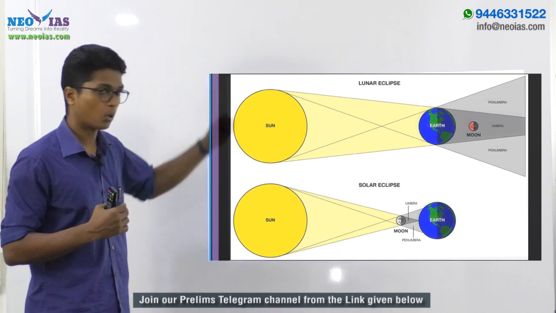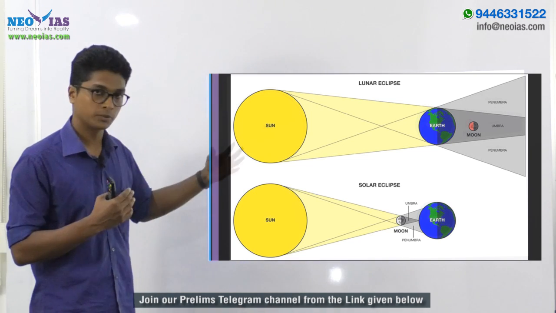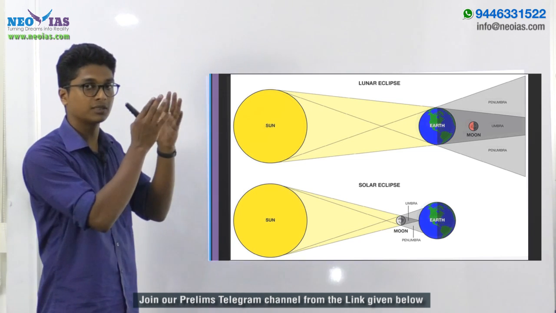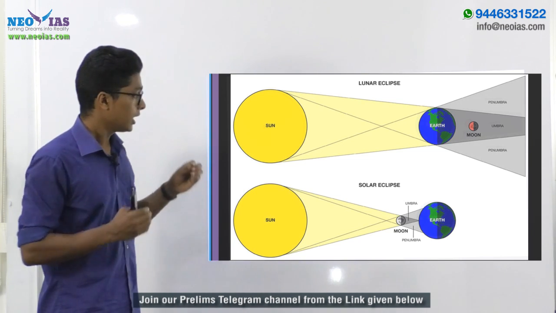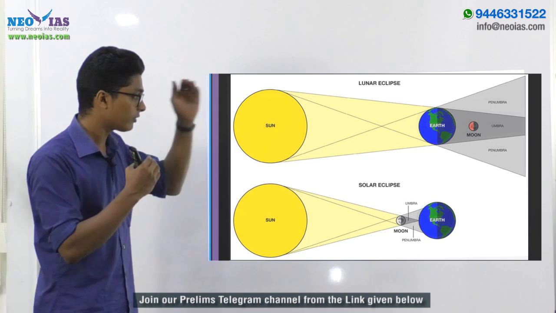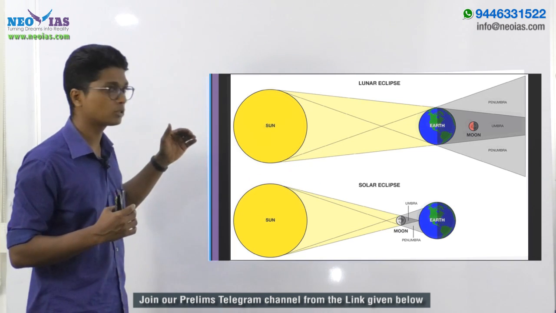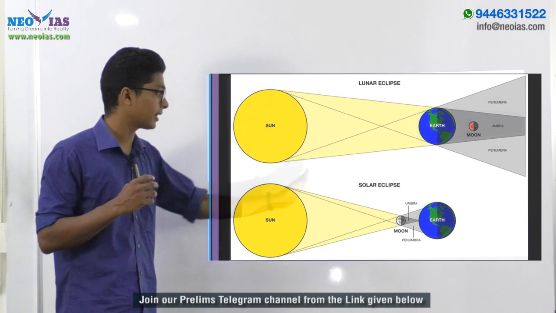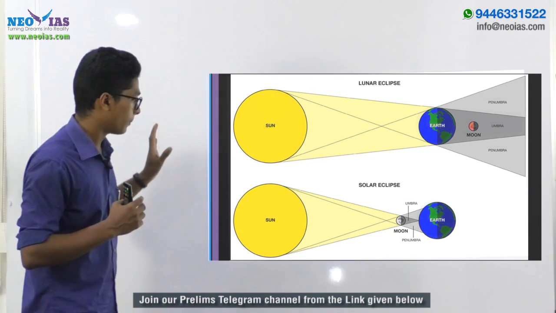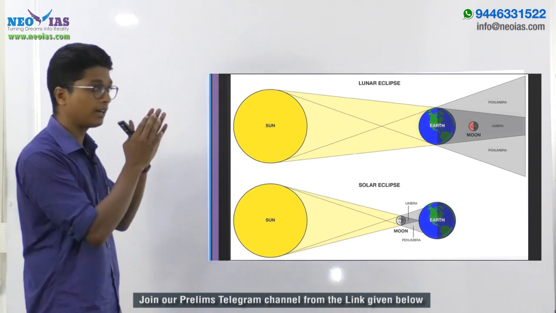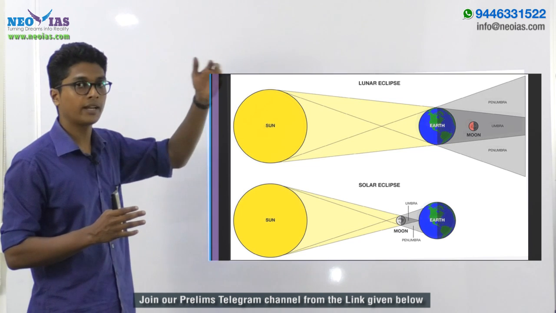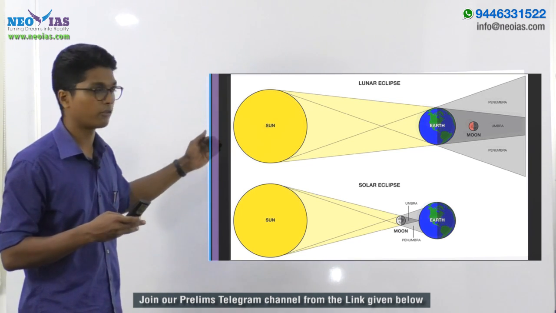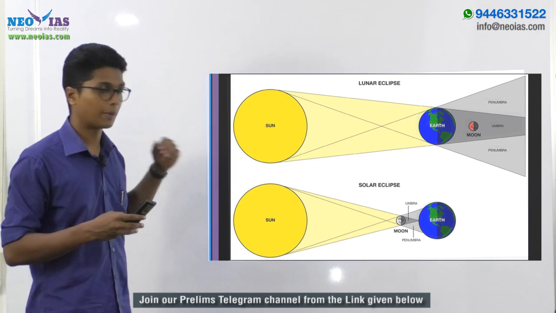In the case of solar eclipse, again there are three objects. During the solar eclipse, the visibility of the sun is blocked. Viewing from the earth, if the sun has to be blocked, there is only one chance: the moon has to come in between the sun and earth. So the light coming from the sun is blocked, and the sun appears blackish.